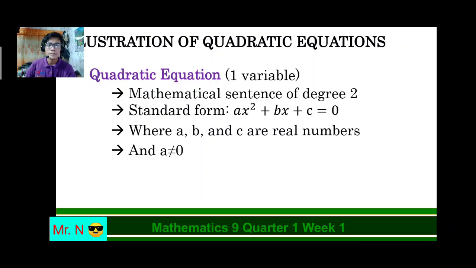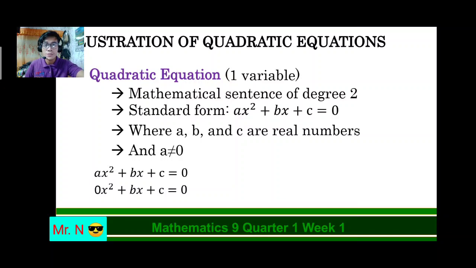What will happen if a is equal to 0? Let's see. If a is equal to 0, this time we're just going to substitute 0 as the value of a. So we have 0x squared plus bx plus c is equals to 0. Simplify. We have 0 plus bx plus c is equals to 0, or bx plus c is equals to 0.